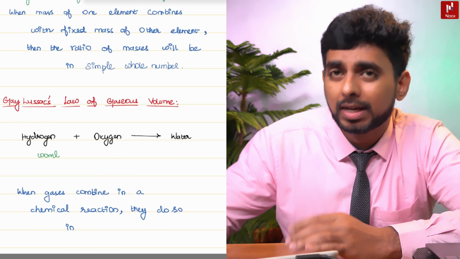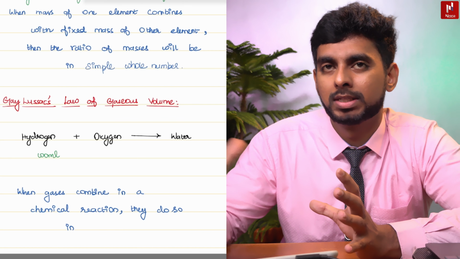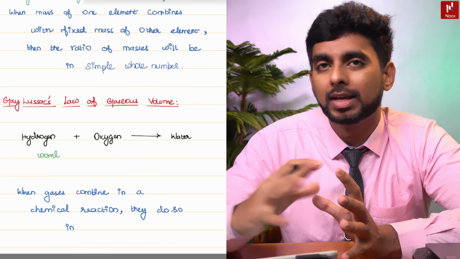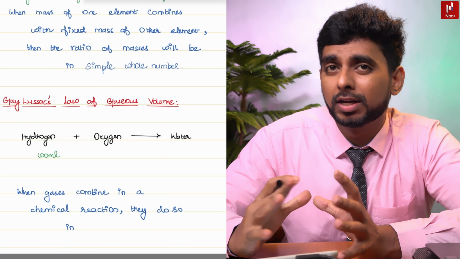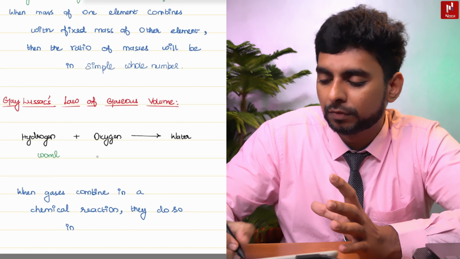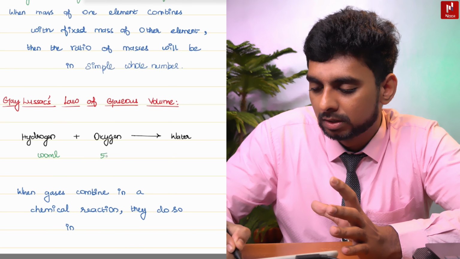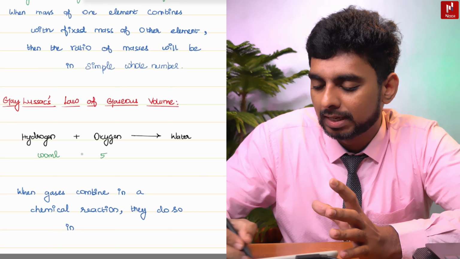When you do the experiment in terms of volume, this is not in terms of the mass, this is in terms of the volume that is going to occupy the given chamber, right? So I'll have to take 100 ml of gaseous hydrogen, and then combine it with 50 ml of oxygen. If it was 50, then here it should be 25. To make it fancier, I'm just taking it in this fashion.